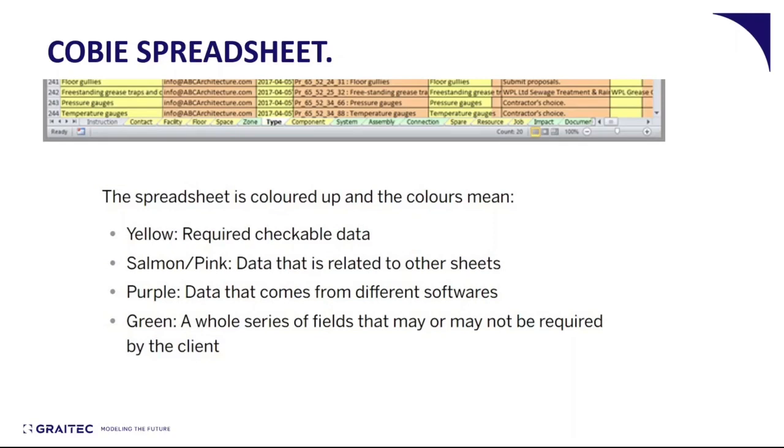That's driving information on another sheet somewhere else. Purple information comes from different software. So we may have some of the data within the spreadsheet linked, being presented not necessarily from Revit, but from other associated software. And then green information is possibly optional, where the client may or may not require that relevant information.